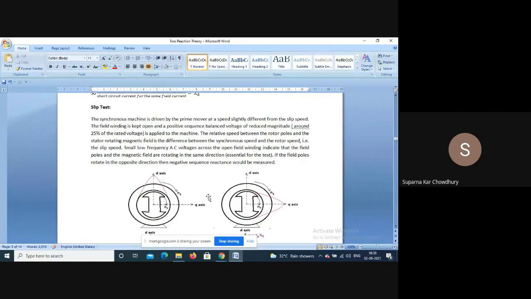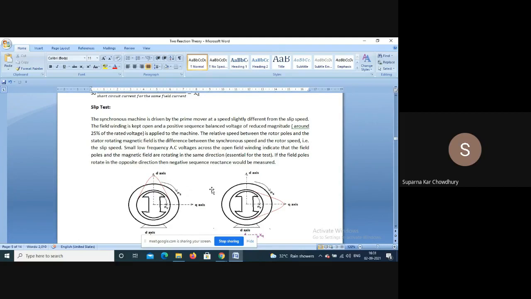For Xd and Xq, the one test which is done is the slip test. For the slip test, the machine is driven by the prime mover at a speed nearly equal to the synchronous speed, but not synchronous speed, slightly different from the synchronous speed.